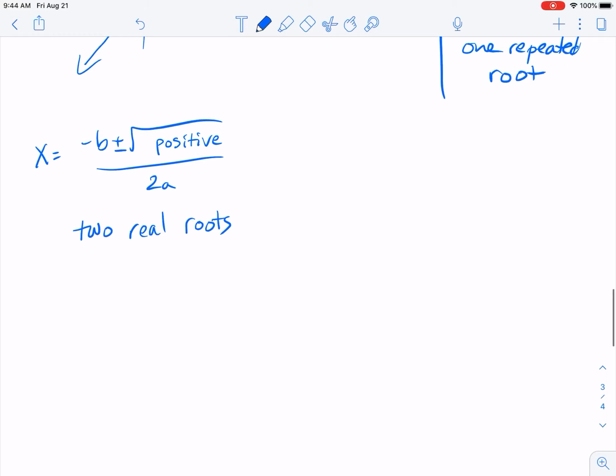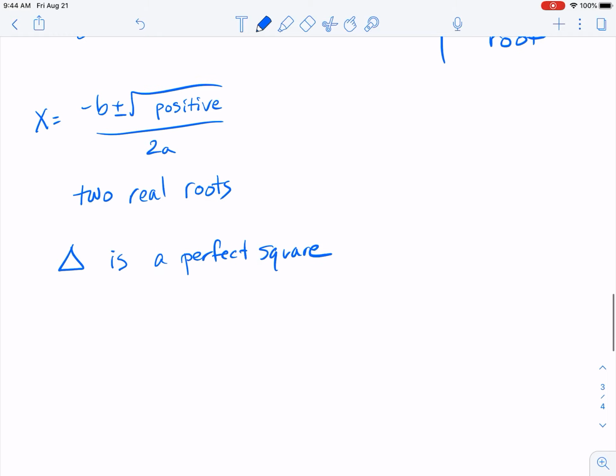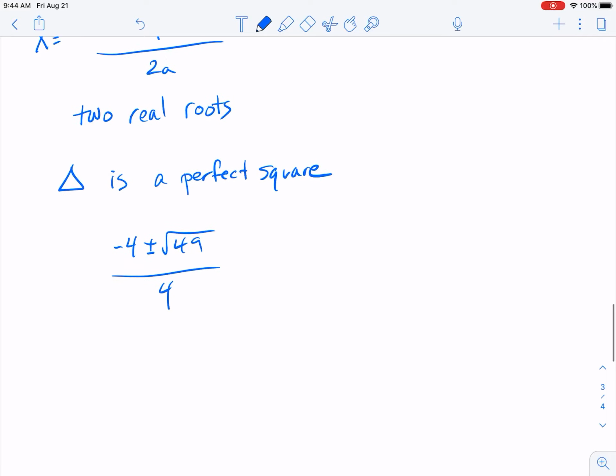In particular, if the discriminant is a perfect square, then not only do I have two real roots, but they're rational roots also. So basically, if I have negative 4 plus or minus the square root of 49 over 4, I just made something up, then this would give me two possibilities.